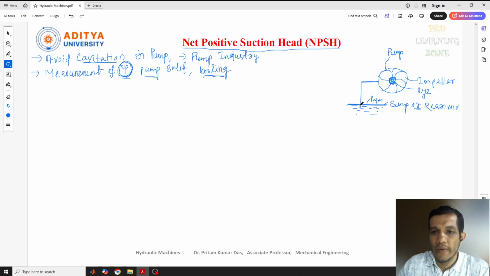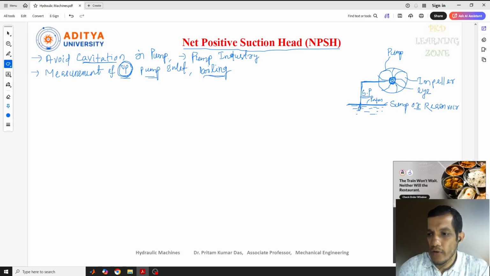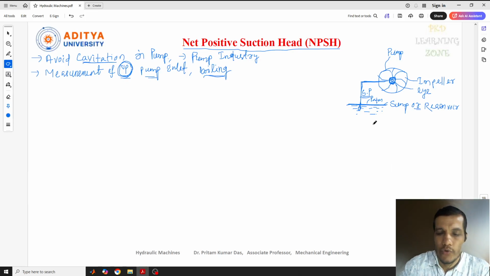The water needs to be taken from the sump to the eye, or the inlet of the pump. This is the suction pipe, through which the water is lifted. At its end there is a valve called the foot valve, and another one, a strainer, for filtering.